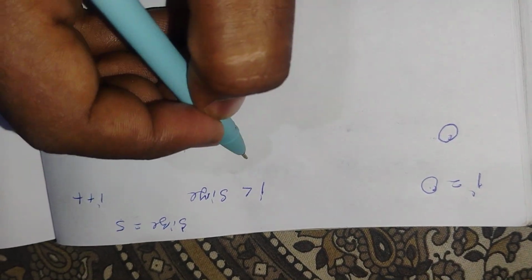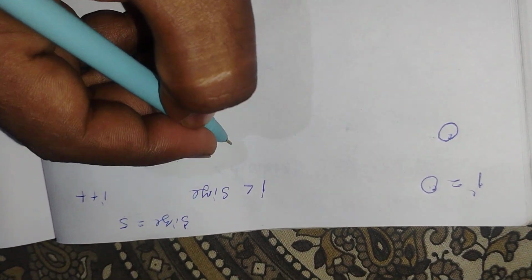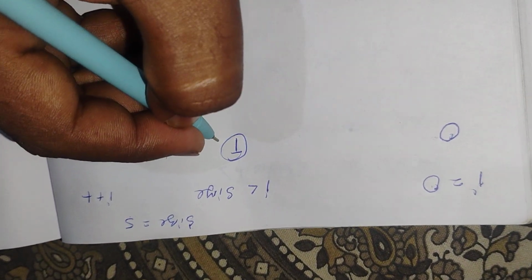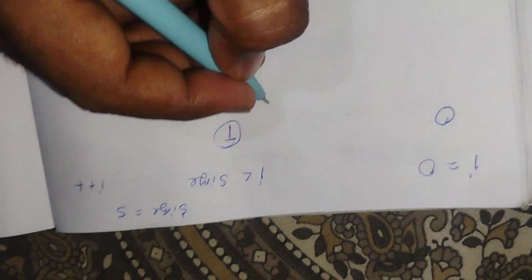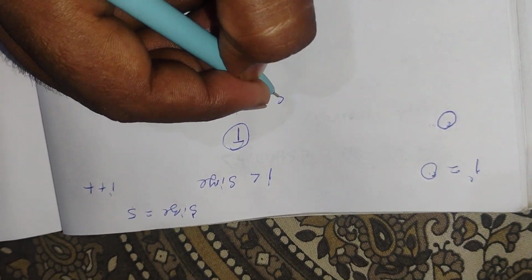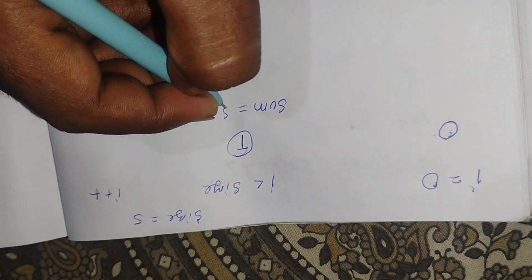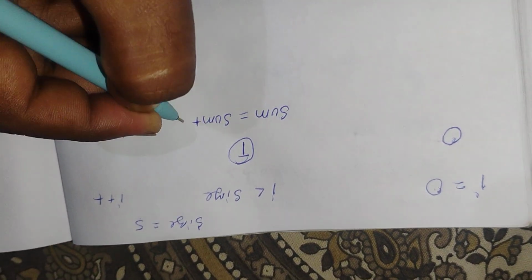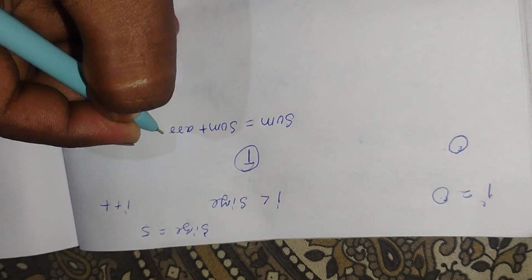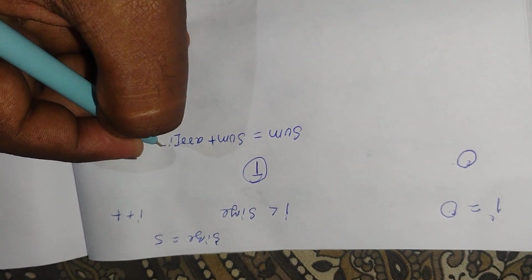Is 0 less than 5 or not? True. If it is true, then sum is equal to sum plus array[i]. Here we mention i, right?